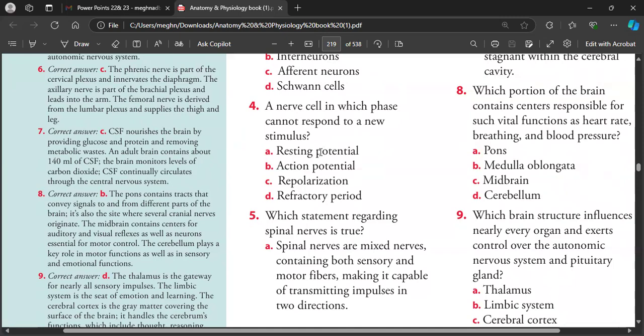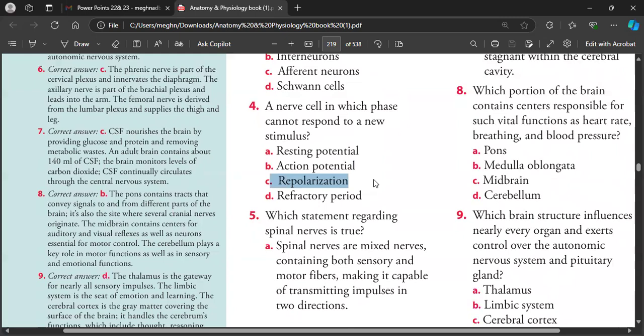Resting potential, action potential, repolarization, and refractory period. So any idea? Number C means repolarization. They said, right? The nerve cell in which phase cannot respond to the new stimulus.